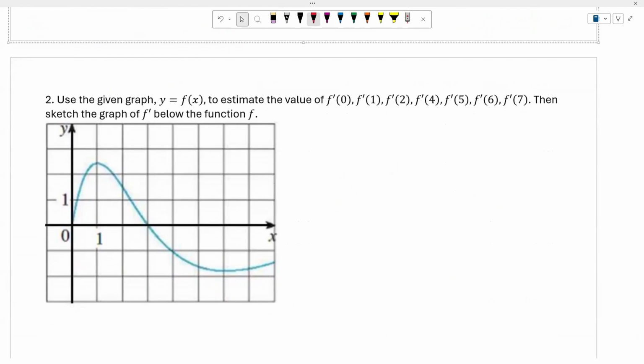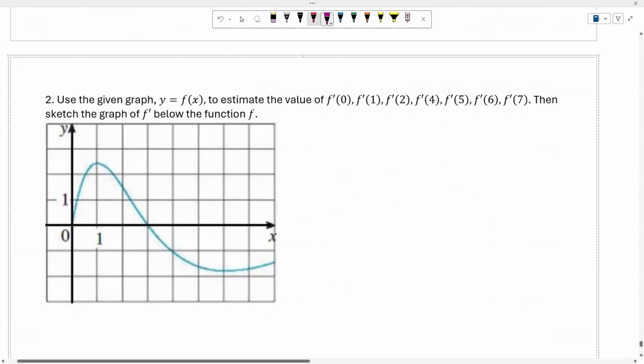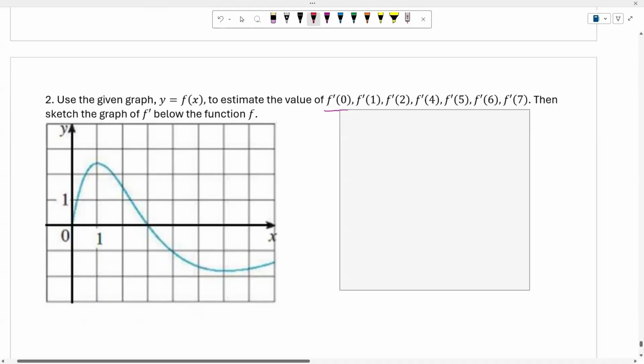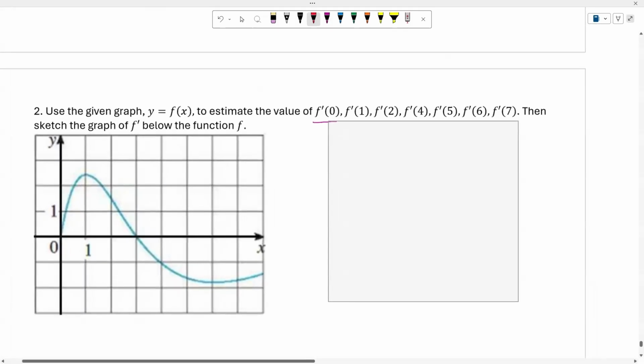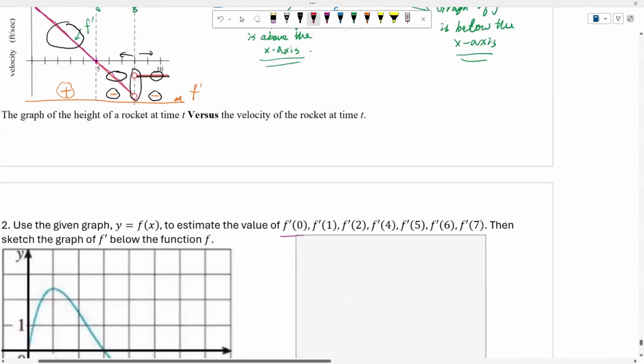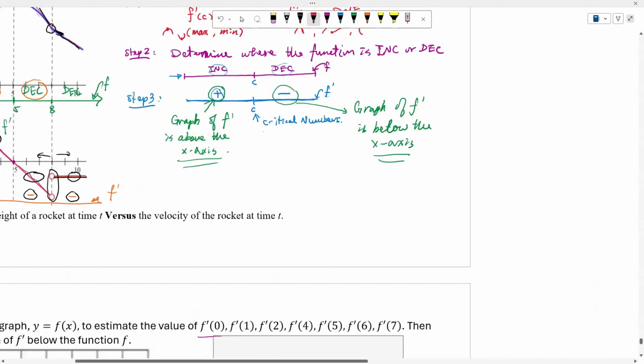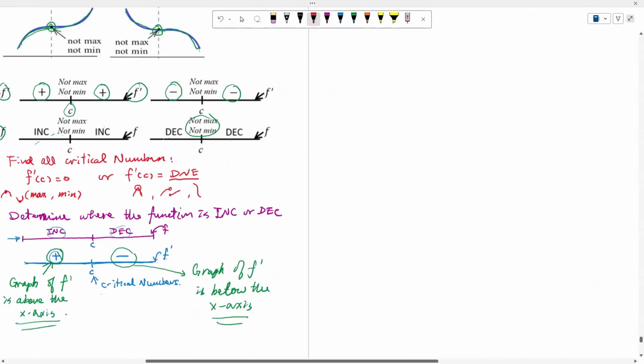So now we would like to use the given graph y equals f of x to estimate the values of f prime of 0, f prime of 1, f prime of 2, f prime of 4, f prime of 5, 6, and 7. What we need is a ruler to help us work on the problem.